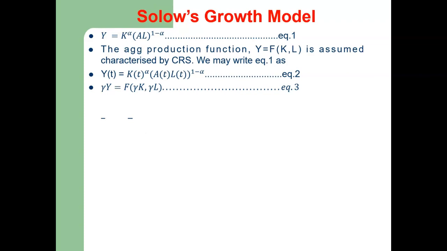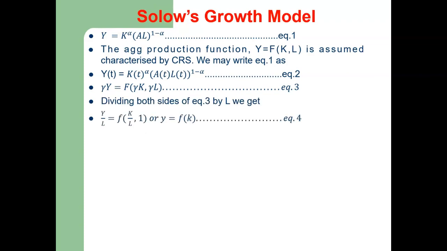Because lambda can be any positive real number, a mathematical trick useful in analyzing the implications of the model is to set lambda equal to 1/L, so that we have equation 4: Y/L, that is output per worker, is a function of capital per worker, or in small letters, y = f(k).